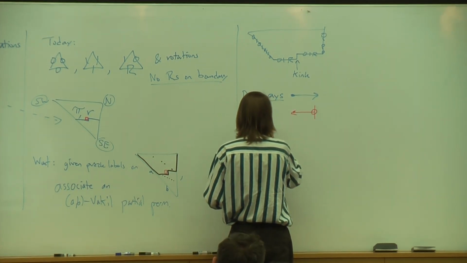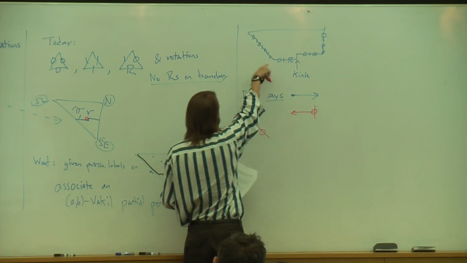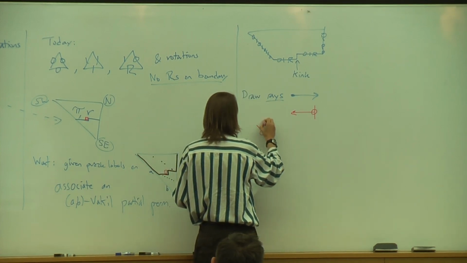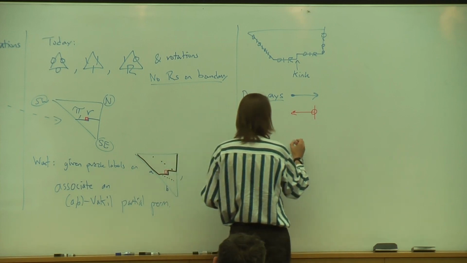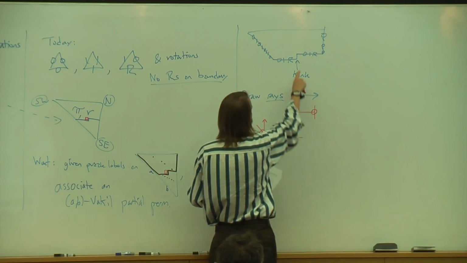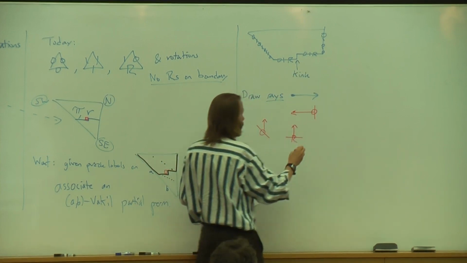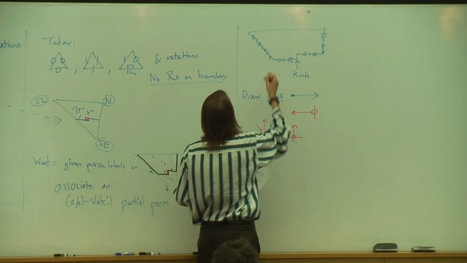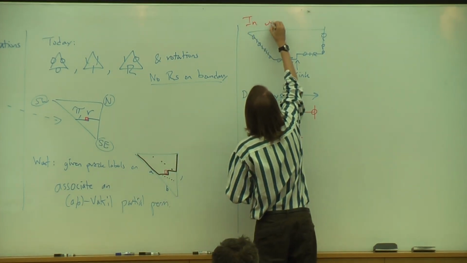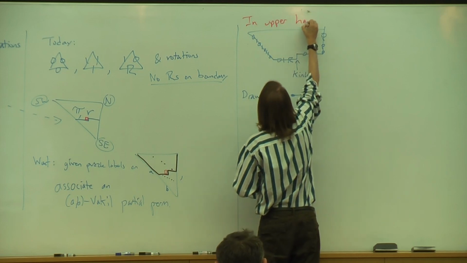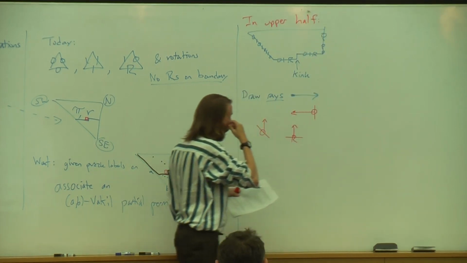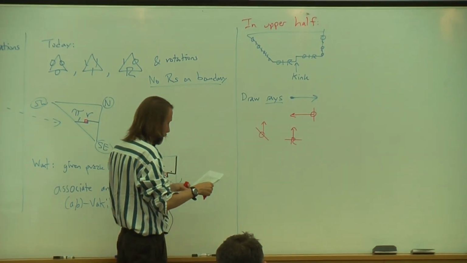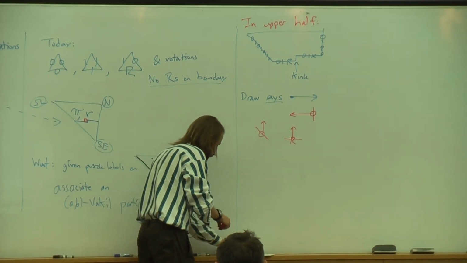For each zero on the left side, there should be a ray like that. For each R on the bottom, there should be a ray like that. So these rays, this is in the upper half. Ray like that.